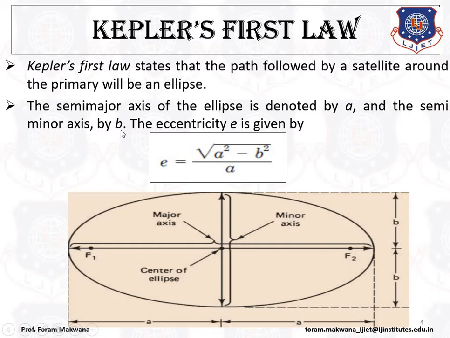So eccentricity, which defines the shape of the orbit, is represented in terms of semi-major axis and semi-minor axis, which is represented in terms of equation, that is e is equal to under root of a square minus b square upon a.